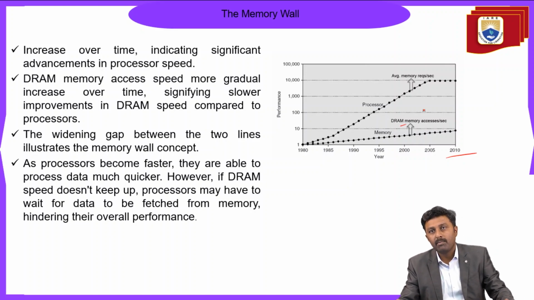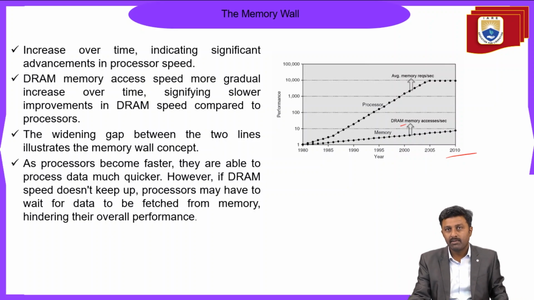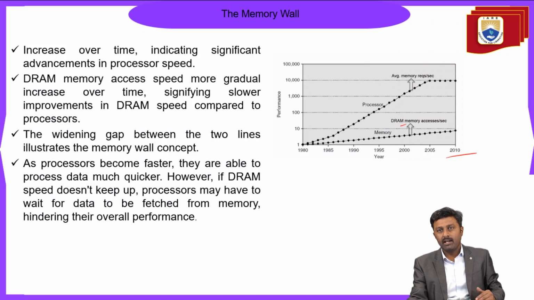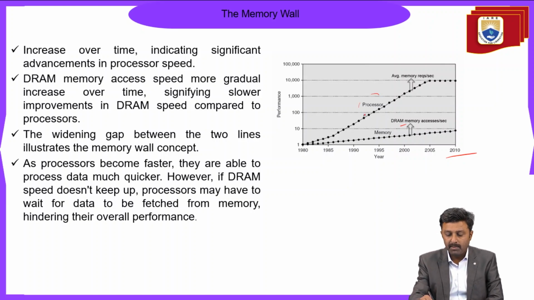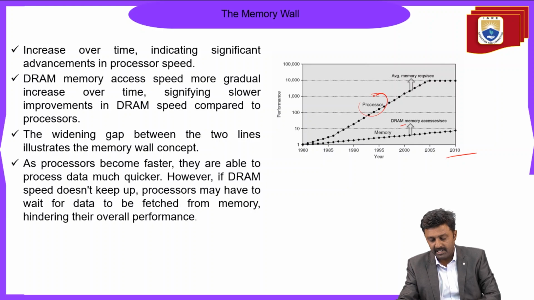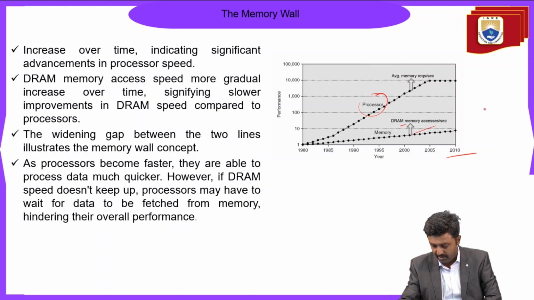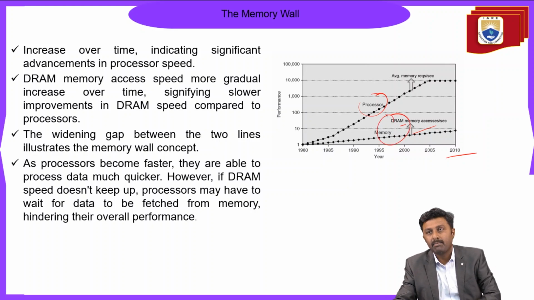The DRAM memory access speed shows a more gradual increase over time. The processor's memory is made of SRAM, which is why it is faster, whereas the main memory is made with the help of DRAM.